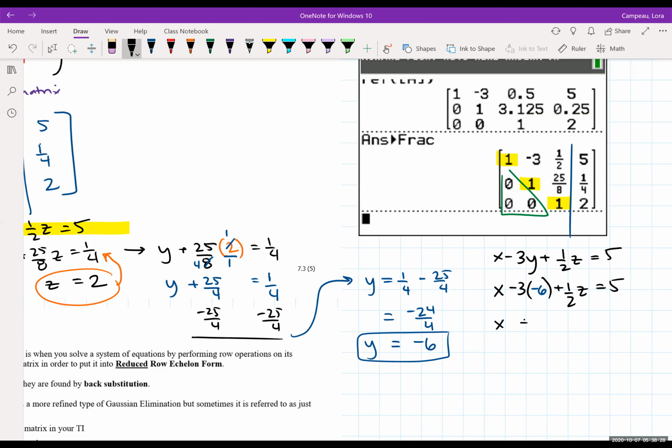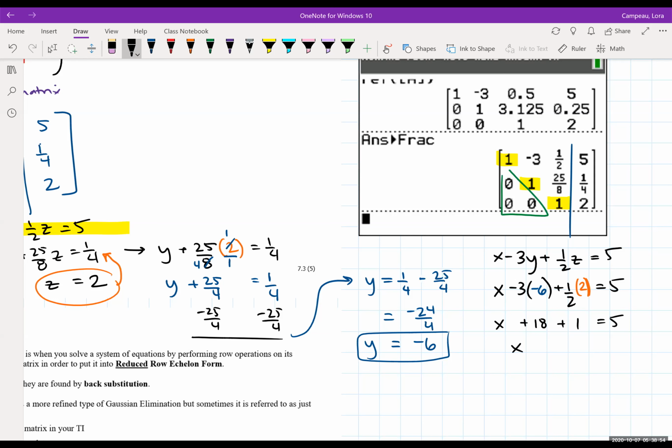So x plus 18, that's negative 3 times negative 6, plus 1/2 times z. There's a z. Even better. What is 1/2 times 2? A little bit excited there. It's just a nice integer, it's a 1. So we have x plus 18 plus 1 equals 5.